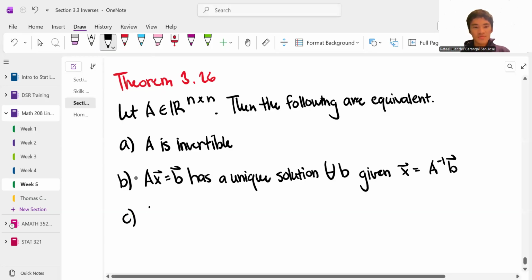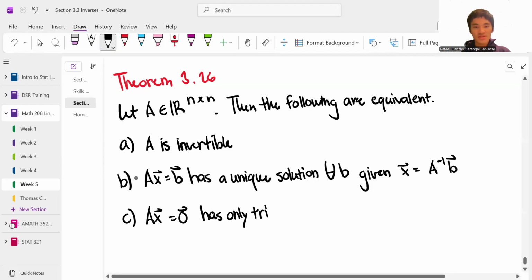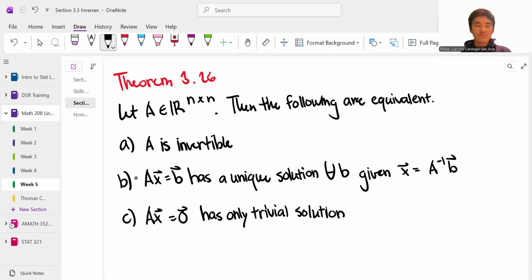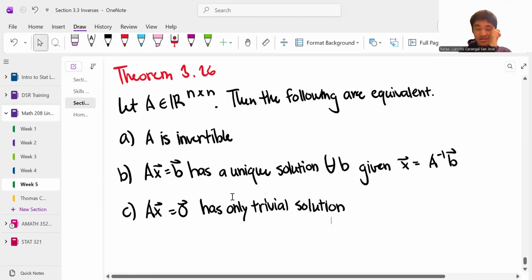And when we do the homogeneous system, this thing has only the trivial solution. And so we say it's actually linearly independent. So a fun fact is we can connect this idea.